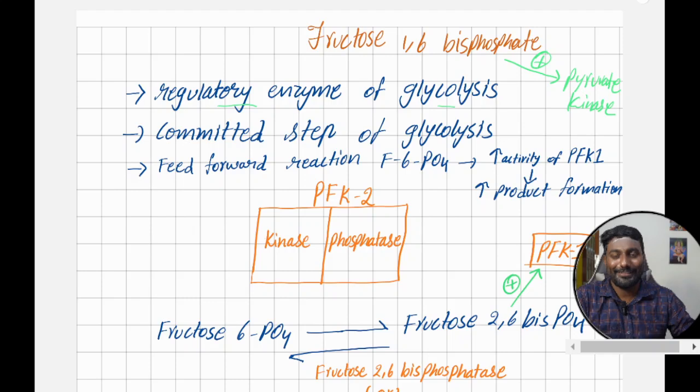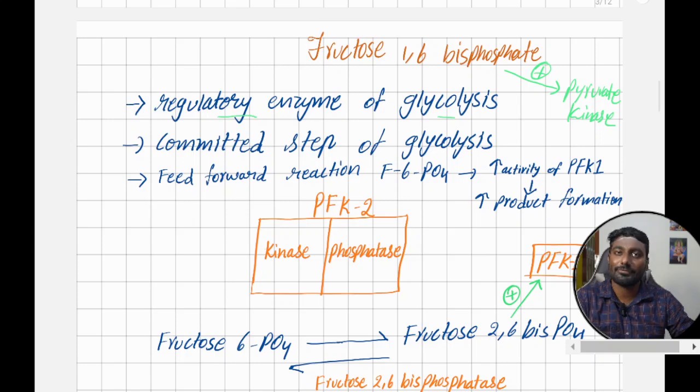In the same way, here in glycolysis, once fructose 1,6 bisphosphate is formed, it will complete the process of glycolysis. Before that, as you have seen, glucose 6 phosphate is taking different routes. But once fructose 1,6 bisphosphate has formed, it will complete glycolysis.